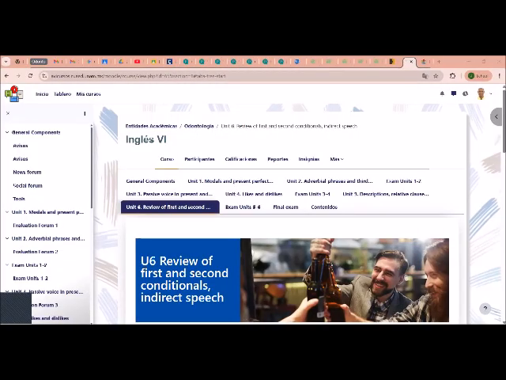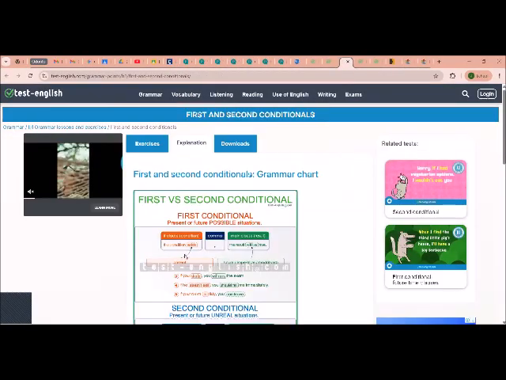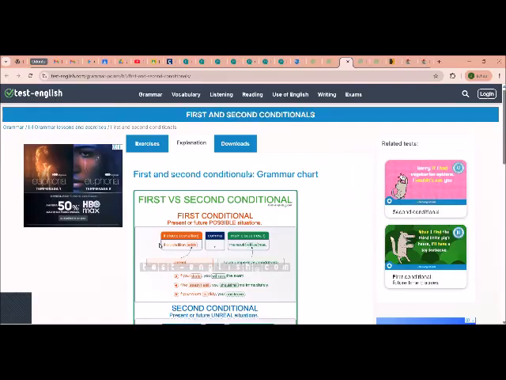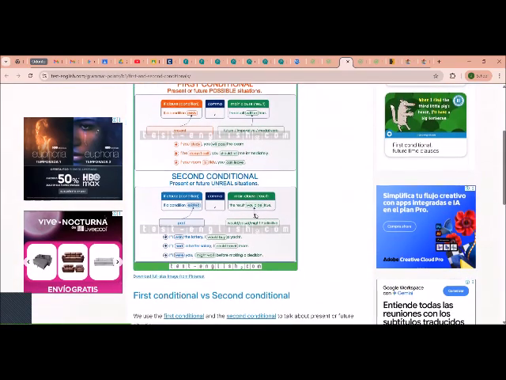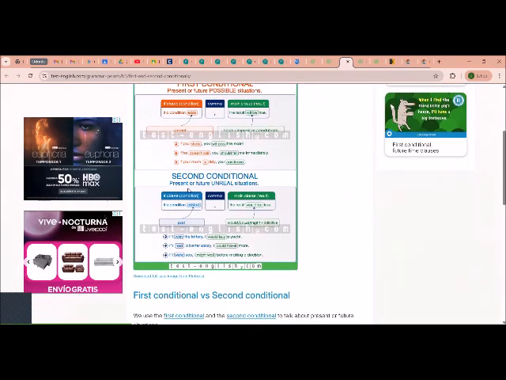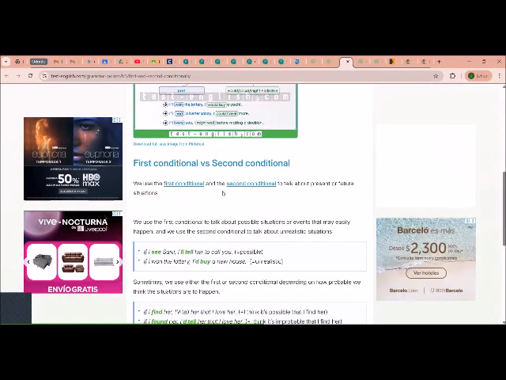We referenced the first conditional, which is called the present or future possibilities conditional, and the second conditional, which is the present or future unreal conditional. Both of these take advantage of a clause and result setup.